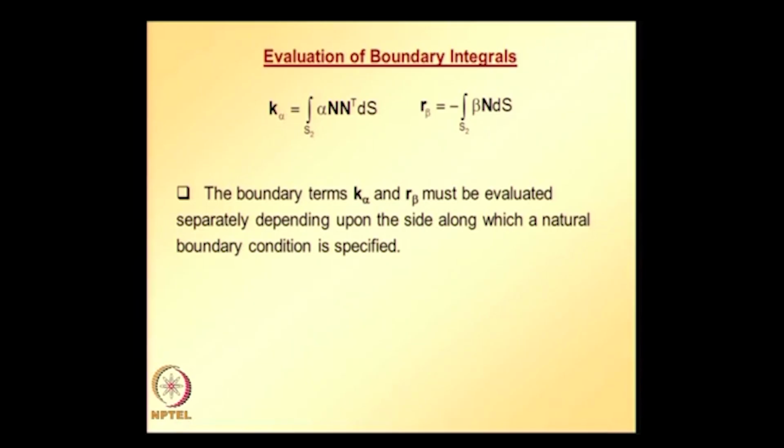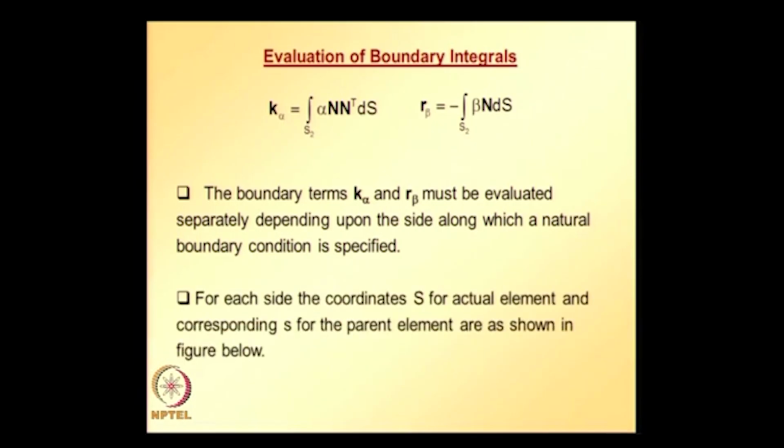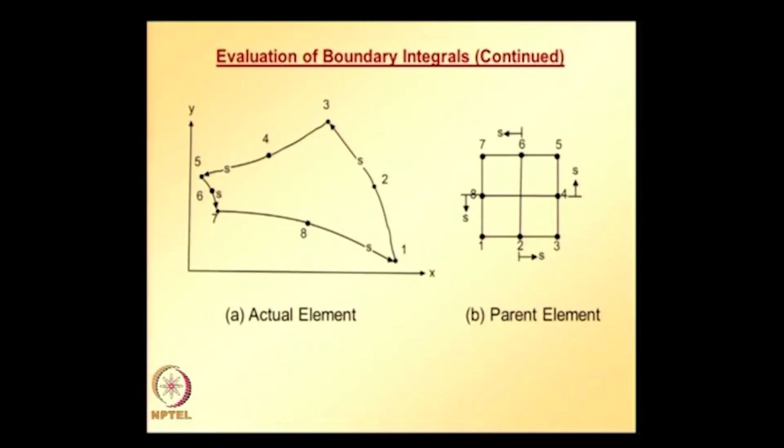This we already discussed when we looked at the 4 node quadrilateral element, and also for each side we need to find the relation between the coordinate s for the actual element and the corresponding small s for the parent element, and they are shown here, actual element, parent element.